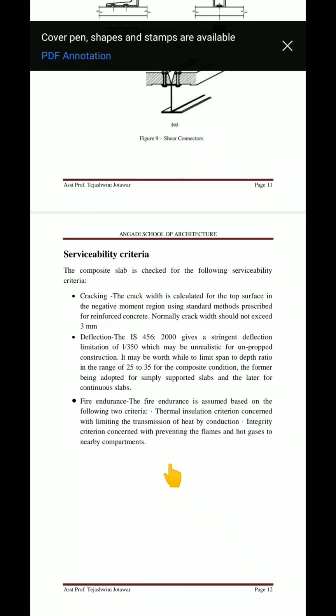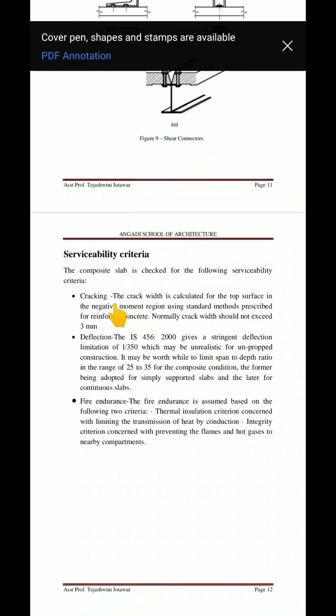Serviceability criteria. A composite slab is checked for 3 different serviceability criteria. One is cracking, another is deflection, and third one is fire resistance.